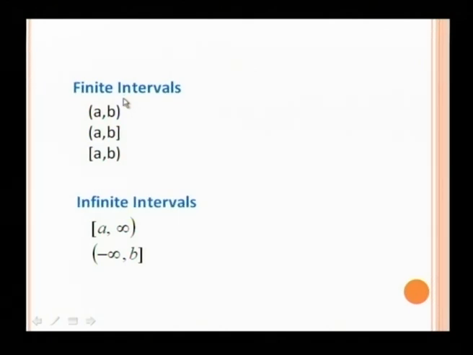A finite interval can be written as a to b in parentheses, or a parenthesis and b square bracket. Or you can consider a finite interval which starts with a square bracket but ends with a parenthesis. For an infinite interval, which would be of infinite extent, we can consider a square bracket a to infinity parenthesis, where this infinity would definitely not be included or defined.